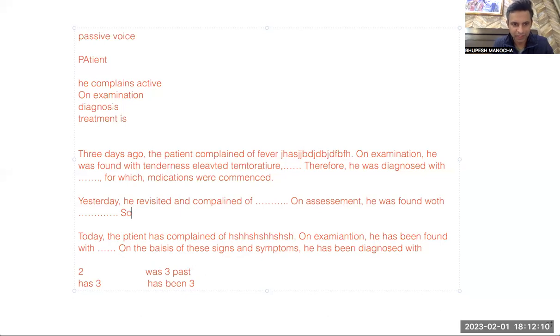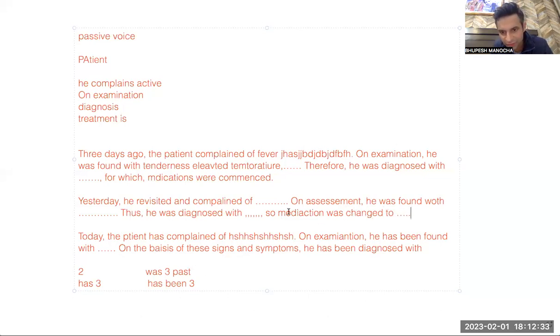Thus is a good word. Thus, he was diagnosed with, again the same. Diagnosed with this problem. This medication was changed to this medication.